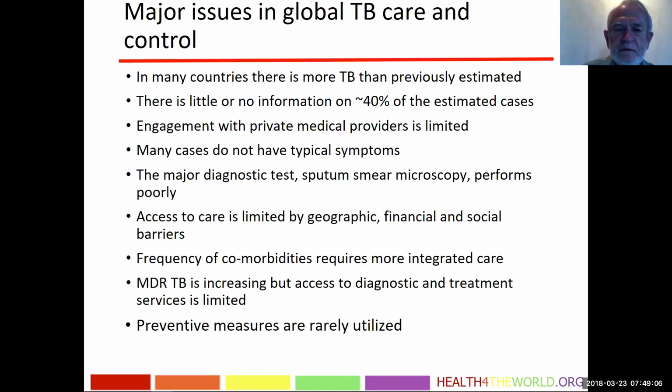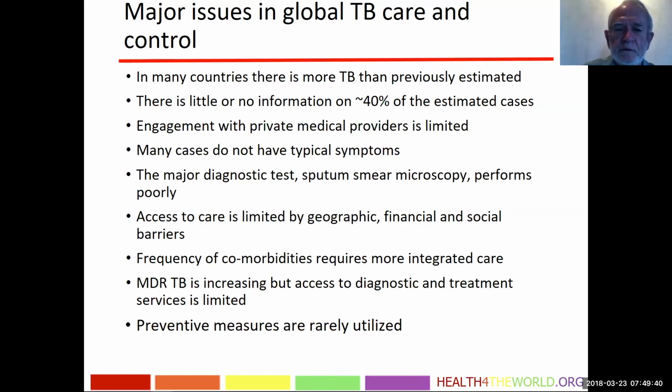That there's increasing recognition of comorbidities, and these comorbidities require more integrated care. Maybe the best, most dramatic example is HIV infection, where persons with HIV infection have a number of additional comorbidities, as I'm sure you all know quite well, and these require a comprehensive program of management. That MDR-TB is increasing, but access to both diagnostic services and treatment is limited.